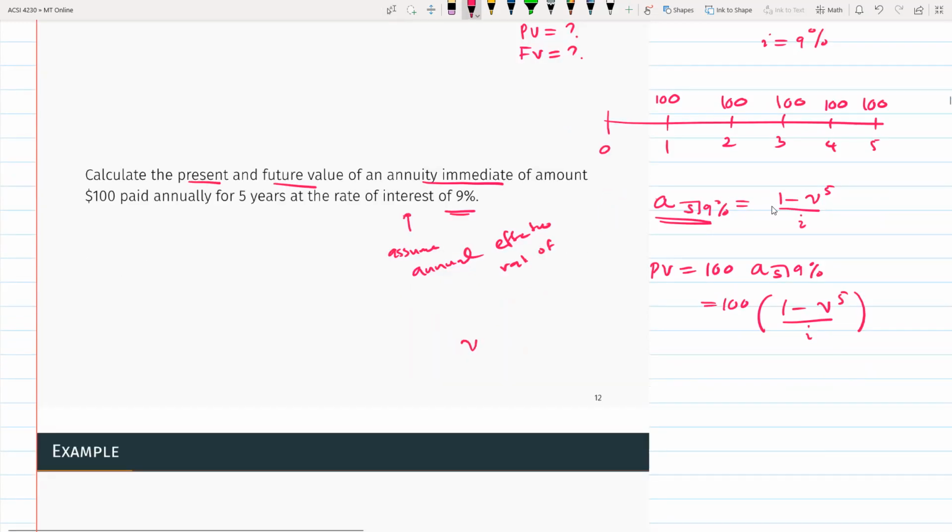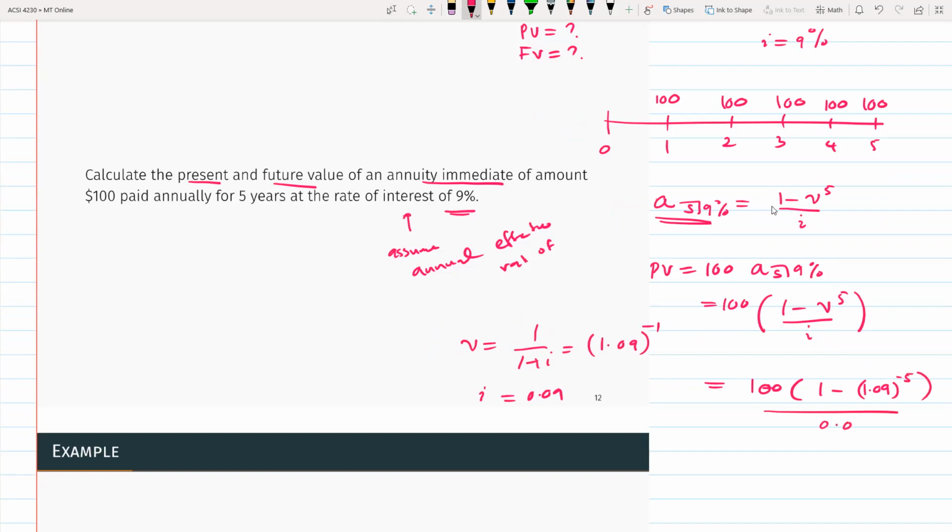So what is v? v is 1 over 1 plus I, which is 1.09 to the power negative 1. And what is I? It is 0.09. So you can substitute those values here and see what you get.